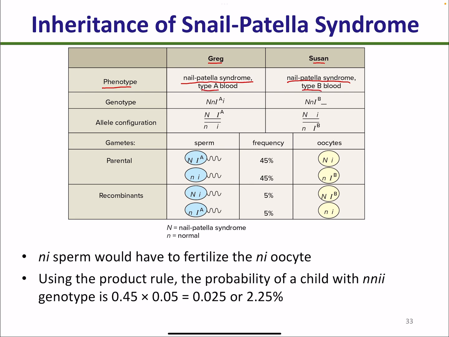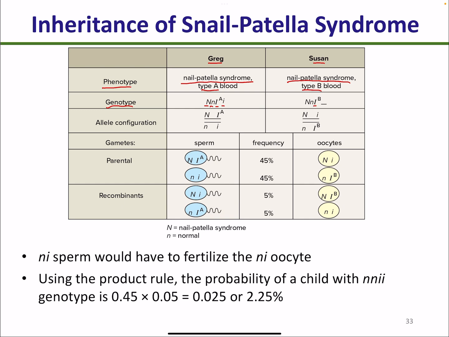In terms of genotype, what could be the genotype? Capital N, lowercase n for Nail-Patella, capital I^A, lowercase i for blood type A, and for blood type B, we're going to have capital I^B.